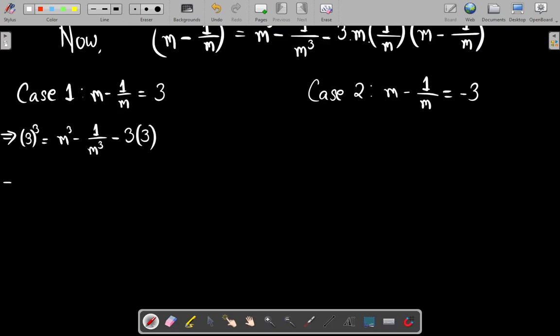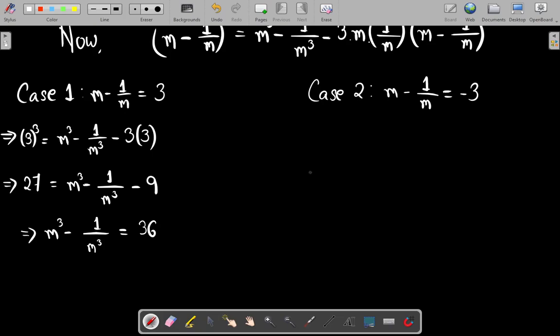So this now becomes 27 equal to m cube minus 1 upon m cube minus 9. If this negative 9 goes to the other side, this will become 27 plus 9, so this is 36. So this is one value.